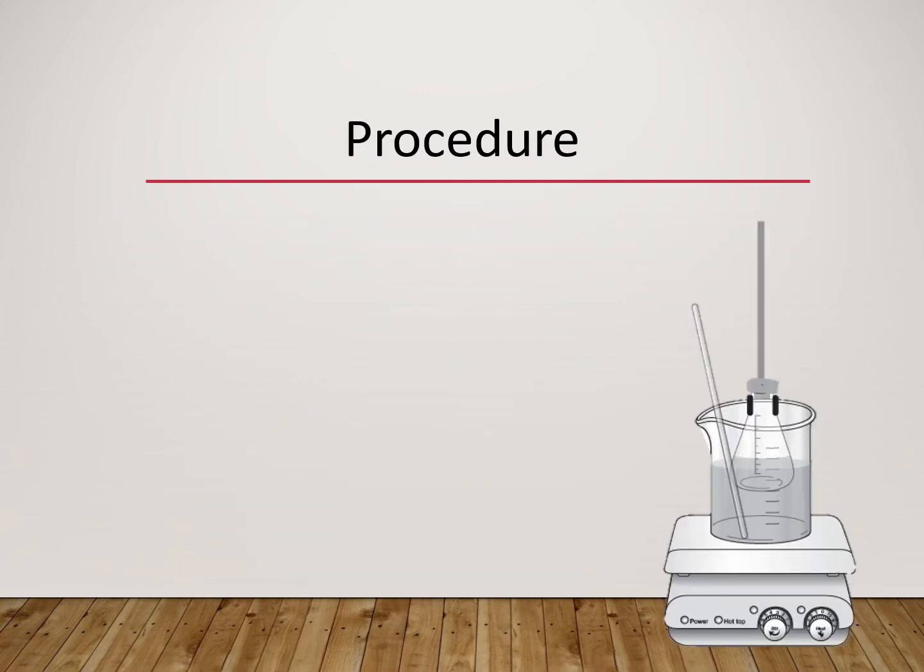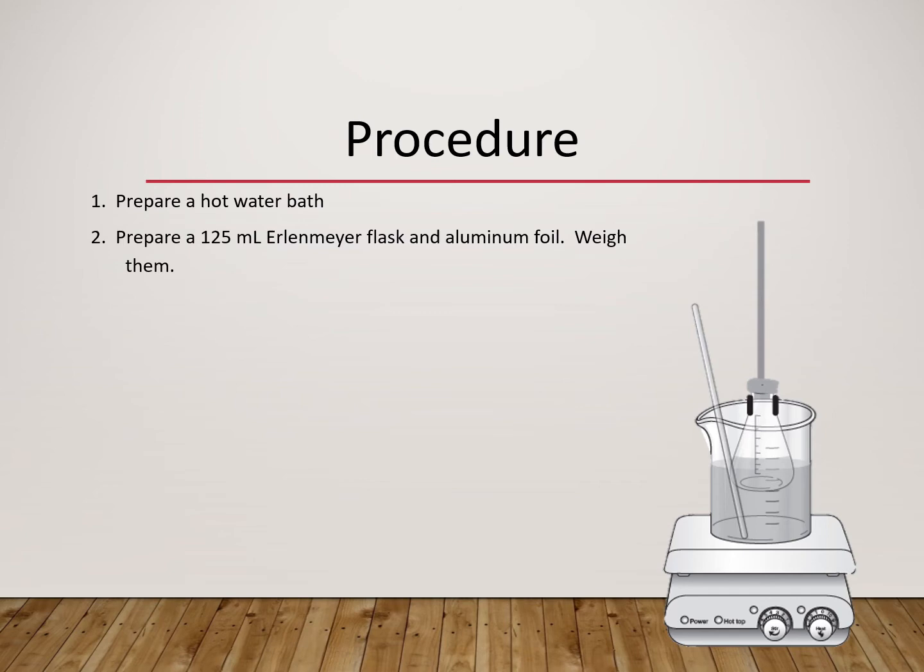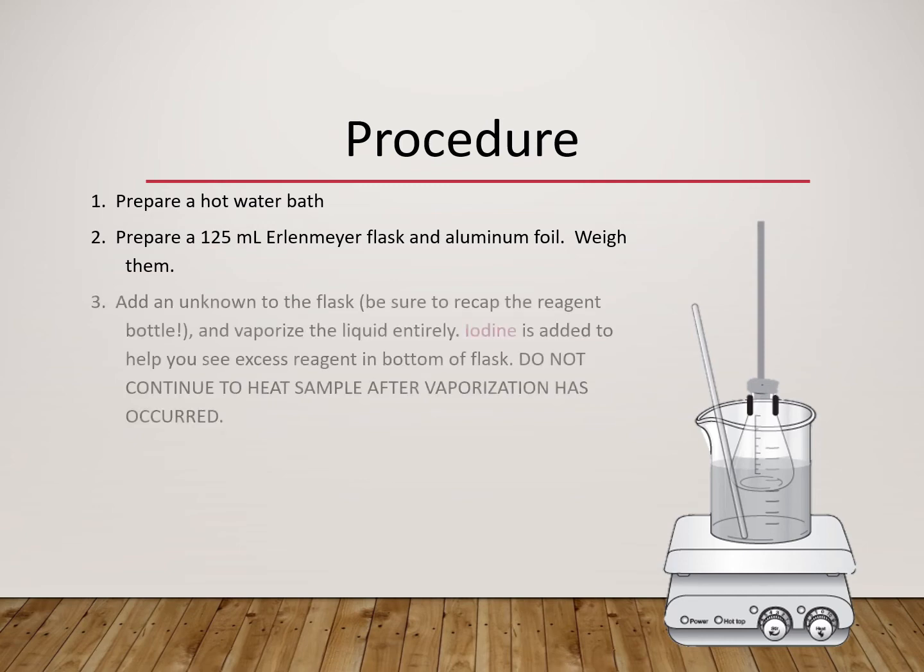So the procedure, we're going to have a setup like you see there on the right, with an Erlenmeyer flask, aluminum foil, and a hot water bath. We're going to add some of the unknown liquid to the flask and be really careful to completely cover the reagent bottle when we're done with it, because these liquids are volatile, they can evaporate very easily.